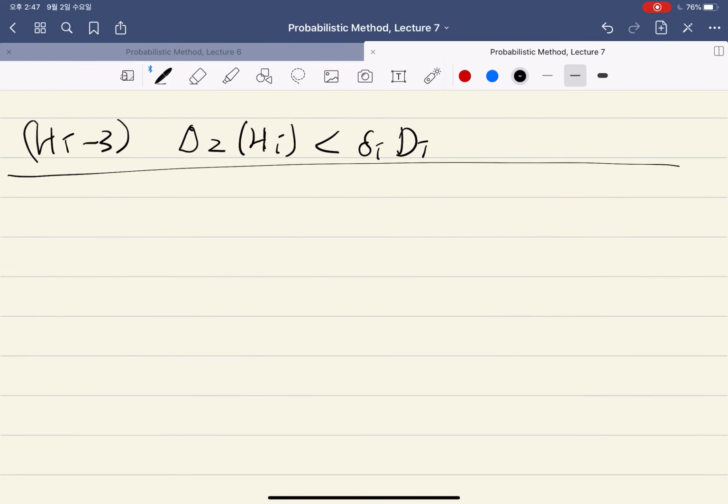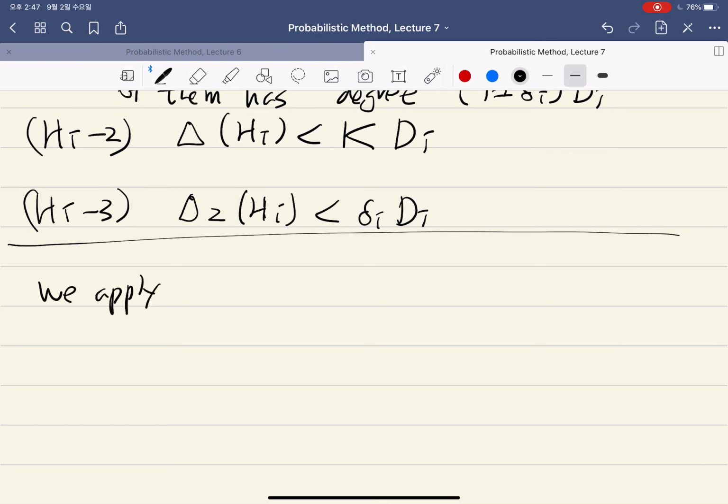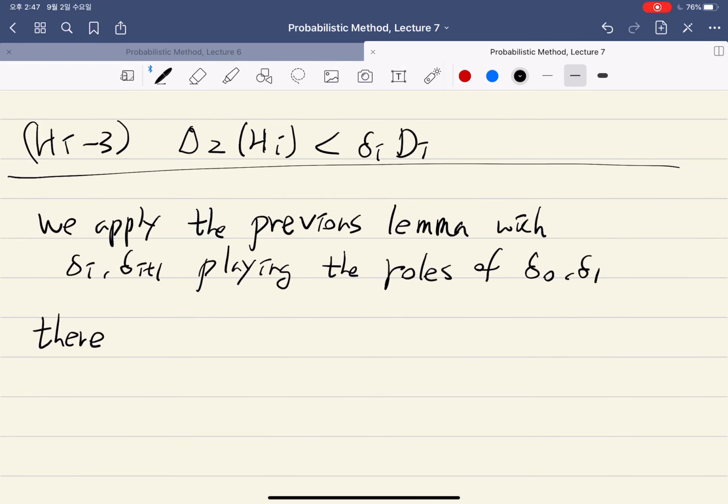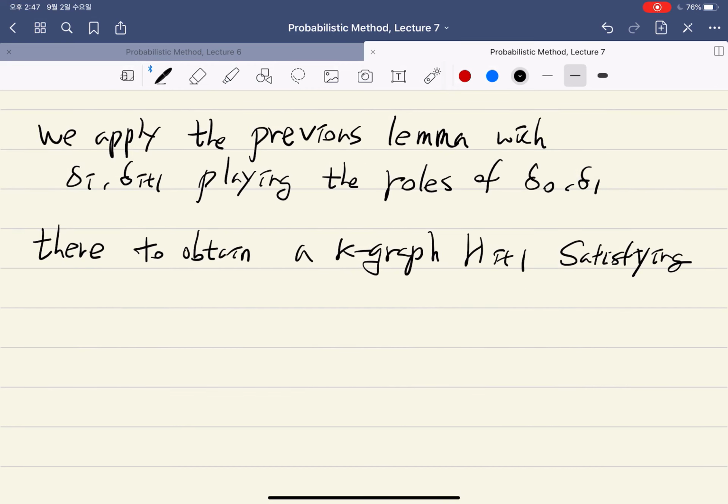So initially H0 satisfies this, and now we apply the previous lemma with delta i and delta i plus 1 playing the roles of delta 0 and delta 1 in the lemma, to obtain a k-graph, hypergraph Hi plus 1, which satisfies conditions 1, 2, and 3 for i plus 1.